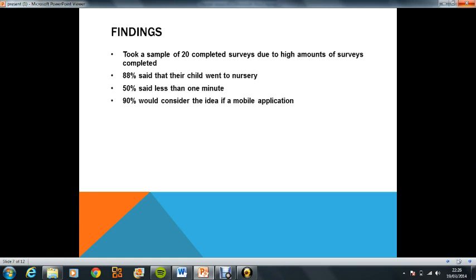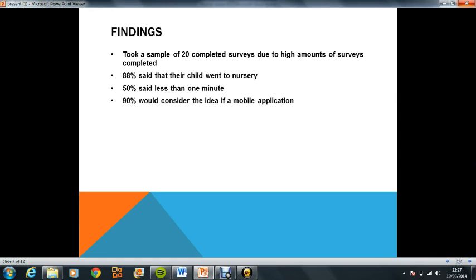So this was a good start for us, as we obviously wanted the majority of people that completed it to be people who had children and attended some sort of nursery. The second one, 50% said less than 1 minute. That question was related to how long it normally takes once the parents collect their child for the nursery worker to explain what's gone on through the day with their child.